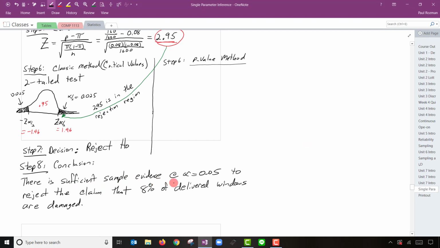You'll see examples as we go along where we sometimes can't word our conclusions as strongly because we don't know the probability of our mistake. If you have a 5% chance of rejecting the null hypothesis, even though it's true, it's impossible to know the probability of not rejecting it when it's false unless you know what the actual answer is.